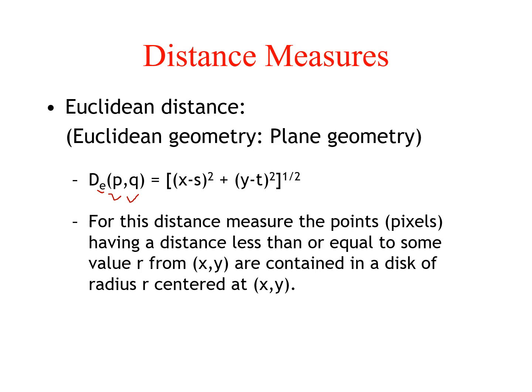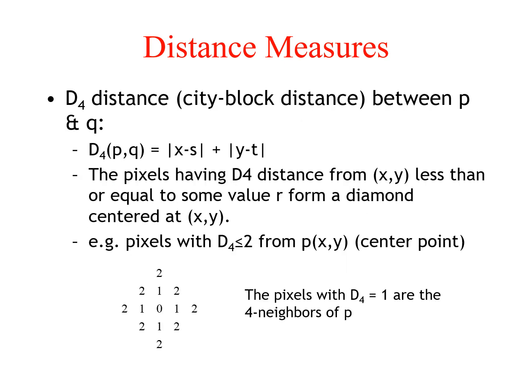This is the definition of a circle. If there is a center (x, y), the points at distance r from the center give you a circle. So the Euclidean distance gives a disk or a circle.